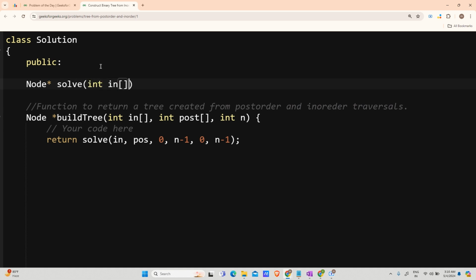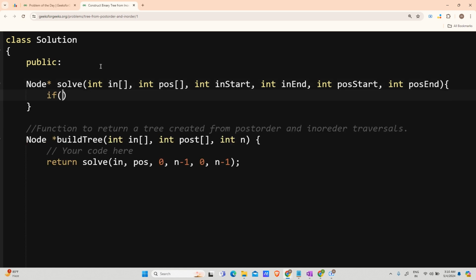The first array is in order, the second array is post order. Then I'm taking in start and in end as input arguments. Similarly I'm taking post start and post end.